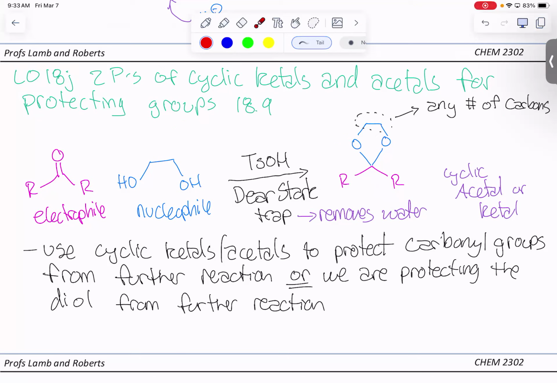We also might have a complicated molecule that we really want to react with. Say we have a benzene ring with this diol on it, and we have an aryl bromide. We want to make an organometallic reagent out of it. That would just deprotonate this OH of our diol. So we would protect it so that OH is protected. And then at the end of the day, we would do something called deprotect, all right?